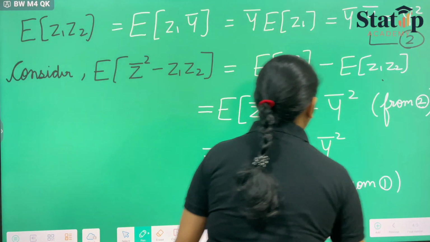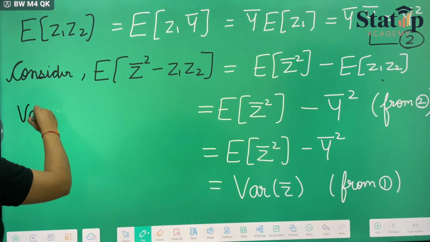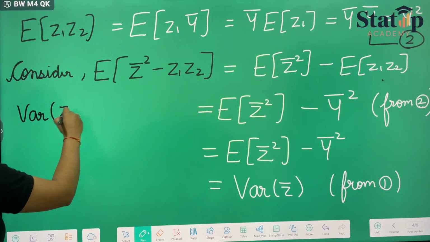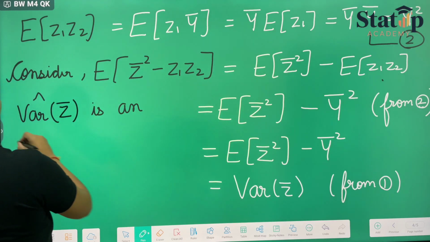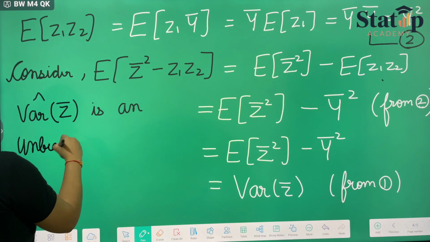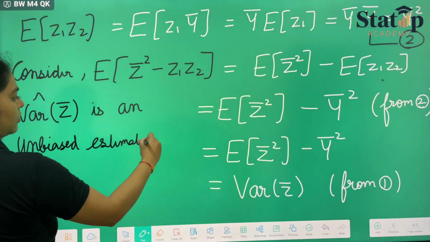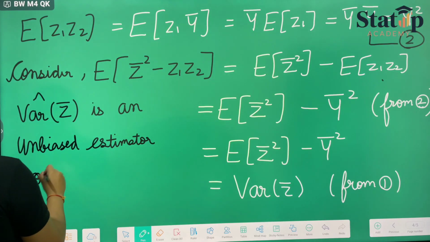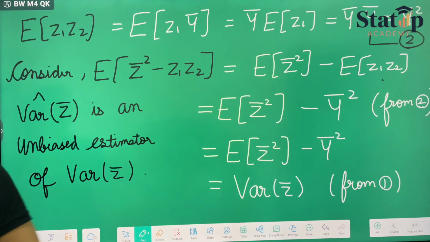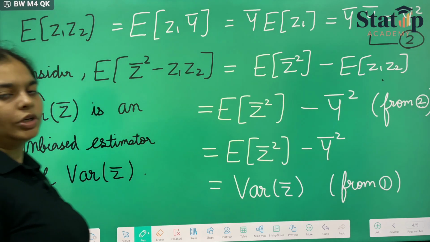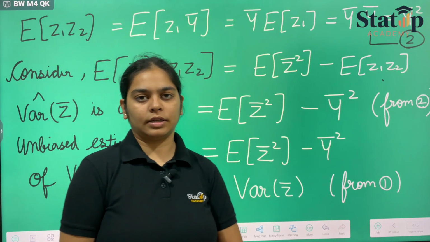So that gives you this, and hence we can write that variance of z bar is an unbiased estimator of variance of z bar. So this completes your topic, Desraj estimator and ordered statistic estimator.